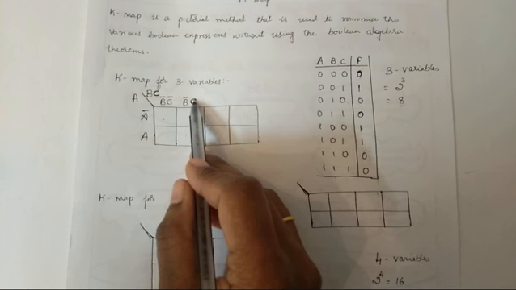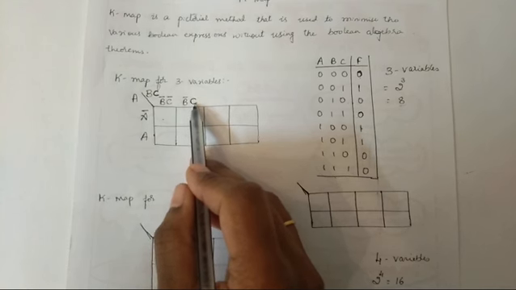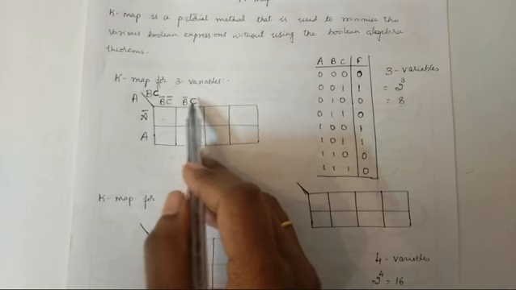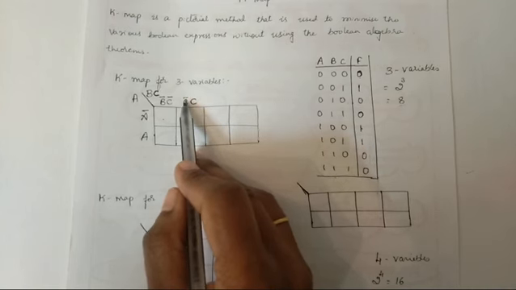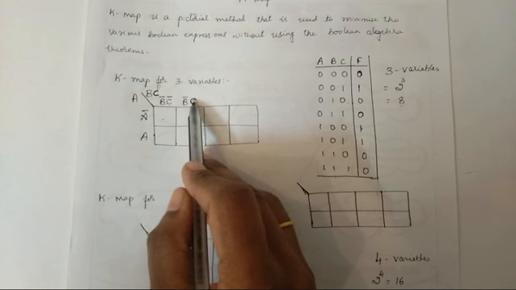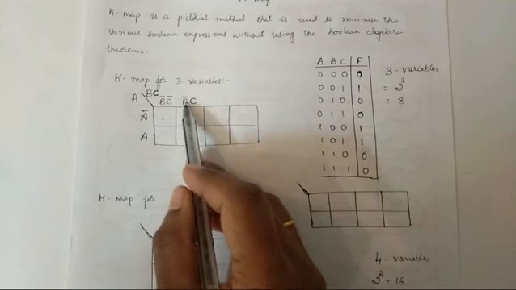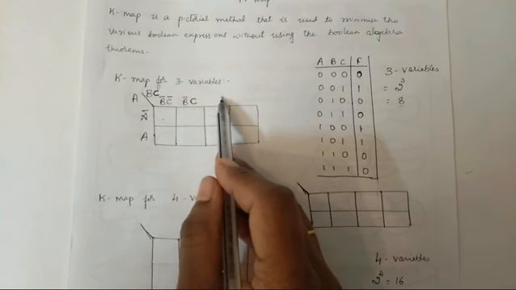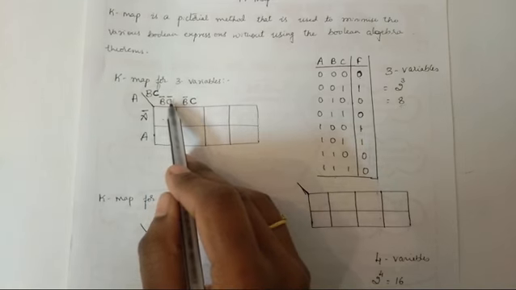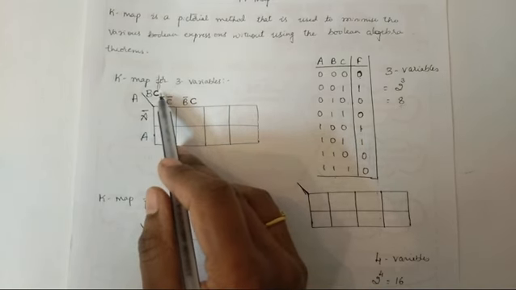If I change this C, it will change to C bar, giving B bar, C bar, but B bar, C bar is already repeated here.